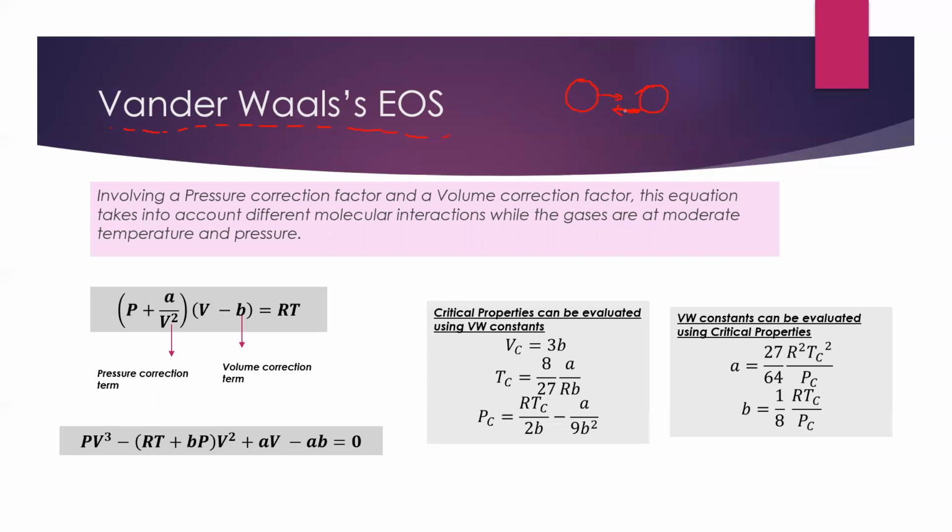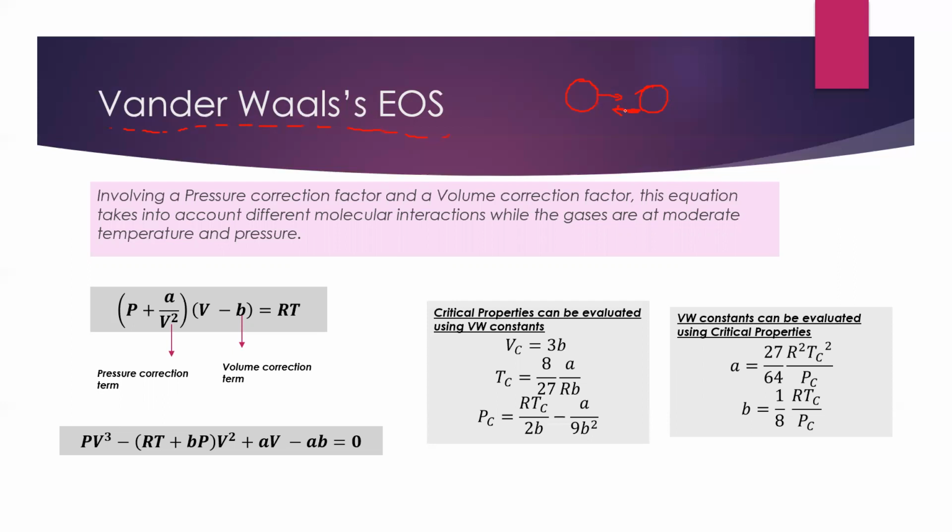This interactive force is neglected in the ideal gas equation, but we account for these molecular interactions because now the gas is at moderate pressure and moderate temperature. So the molecules are close enough, and we need to account for these interactions. So we get the pressure correction term and volume correction term.